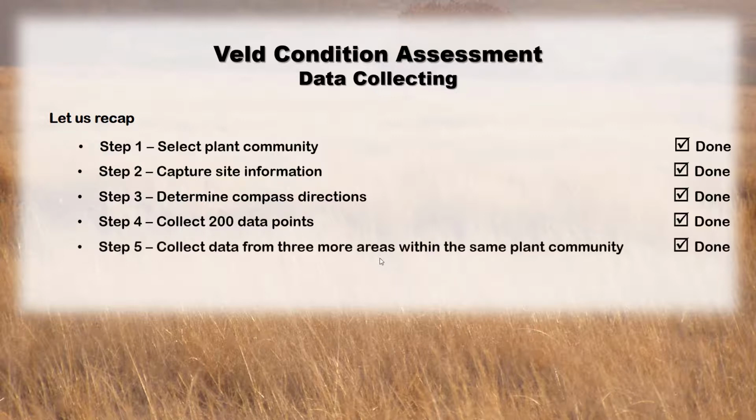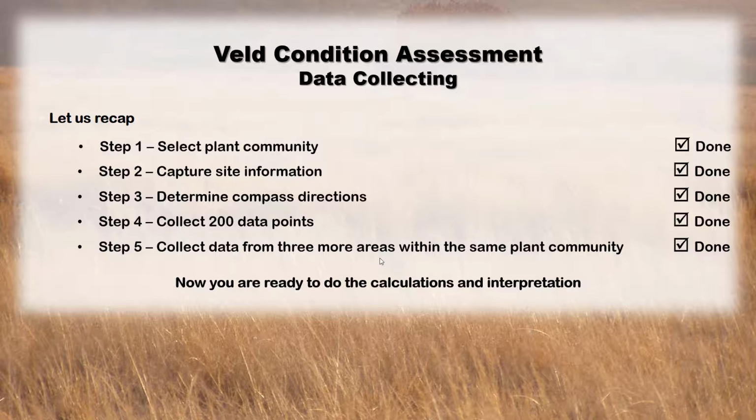You collect your 200 data points, and then you must make sure that you collect the data from more than 2 or 3 other sites besides the one you're doing now. And at this point, once you've done all of that and you've got all your data, you are ready to go home and start working on the calculations and interpretation.